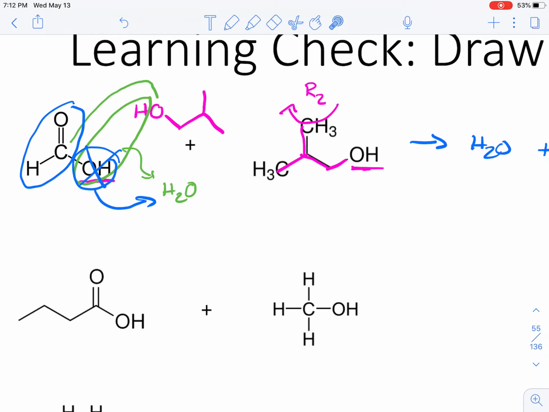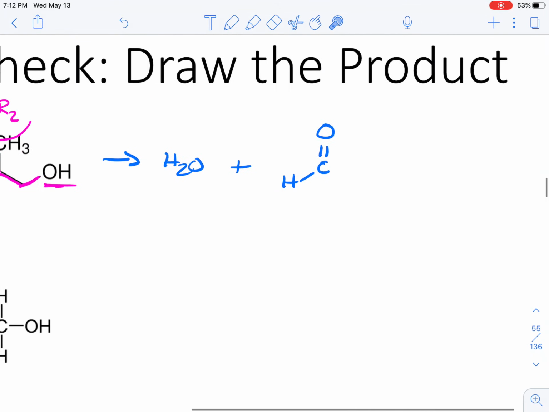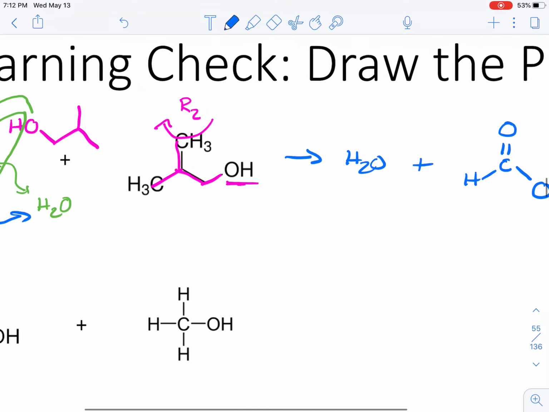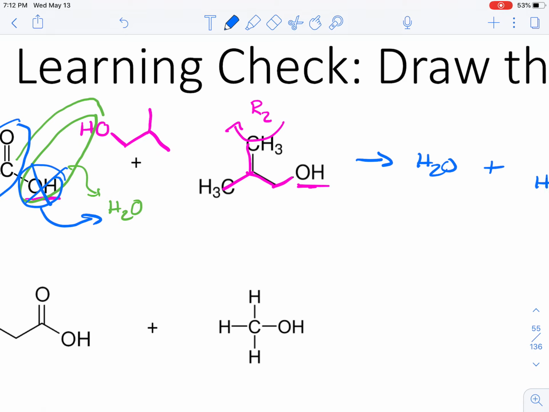And since the bond is made between the carbonyl carbon and the oxygen in the alcohol group, that means that my product is going to have this oxygen. And then notice that this oxygen is going to have a carbon. So this is a 1, 2, 3 carbon chain.